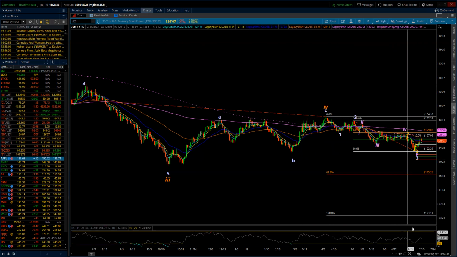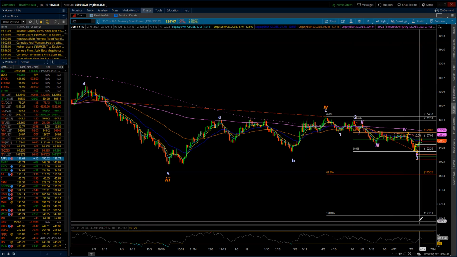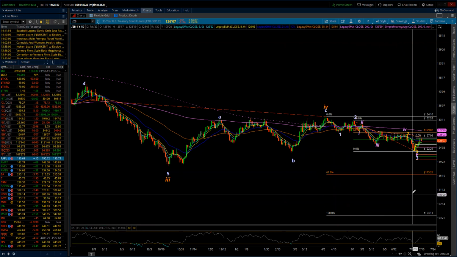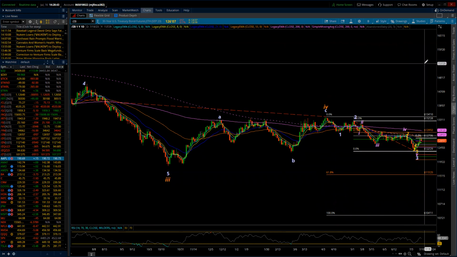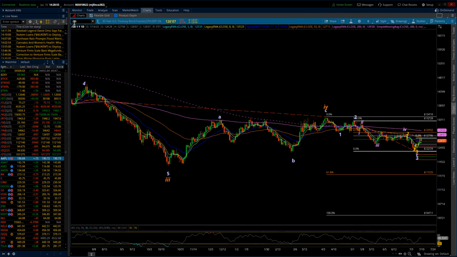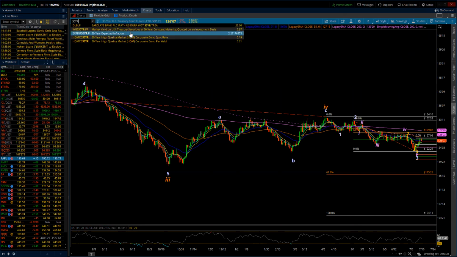Once I get that fifth wave in here in the bond market, I can run fibs to show where the intent of this next rally, counter trend or not, is, and then we'll be able to equate rates to that as well. So quick look here at that 30-year.